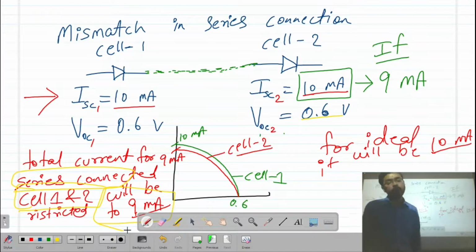Now, this is all about the mismatch in series connection due to current and voltage. Voltage is not going to affect anything, but current mismatch will have a small minor damage to the overall power of a module.